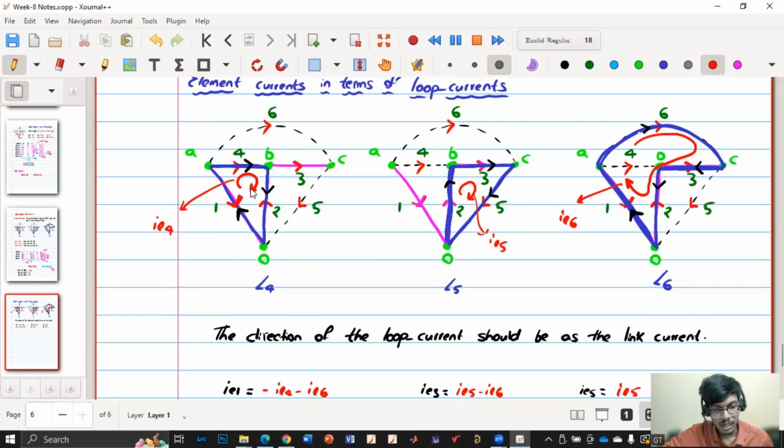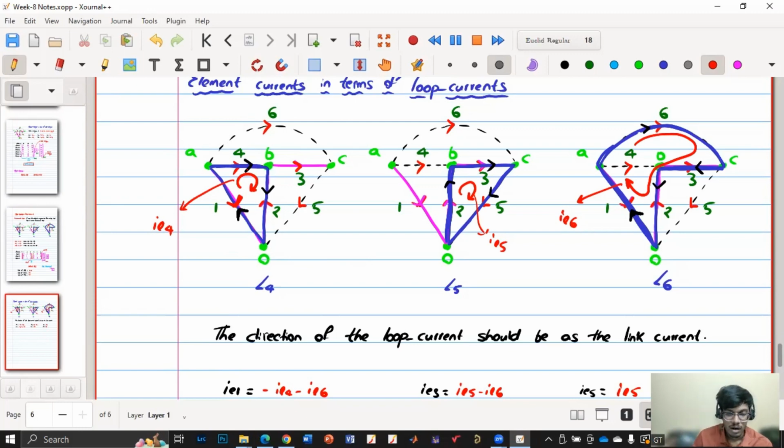That loop current direction will be the same as the direction of the link current. So here element 4 is the link, so I am considering the inside current in the same direction. And here IL5 is going in this direction, so I have considered this direction in the same way. Here, this is the loop, so I have considered the loop current same as element 6.